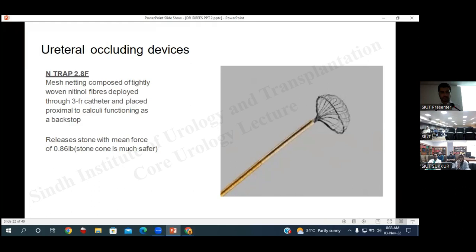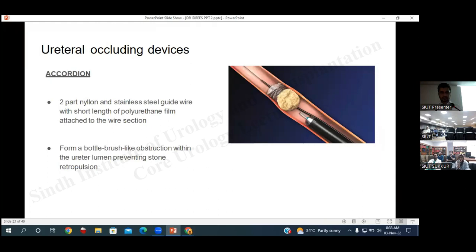It is made up of tightly woven nitinol fiber, deployed through a 3Fr catheter and placed proximal to the calculi, functioning as a backstop, and it also prevents stone retropulsion. Accordion has 2-part nylon and stainless steel guide wires with short lengths of polyurethane film attached to the wire section, forming a bottle brush-like obstruction within the ureter lumen, preventing stone retropulsion.